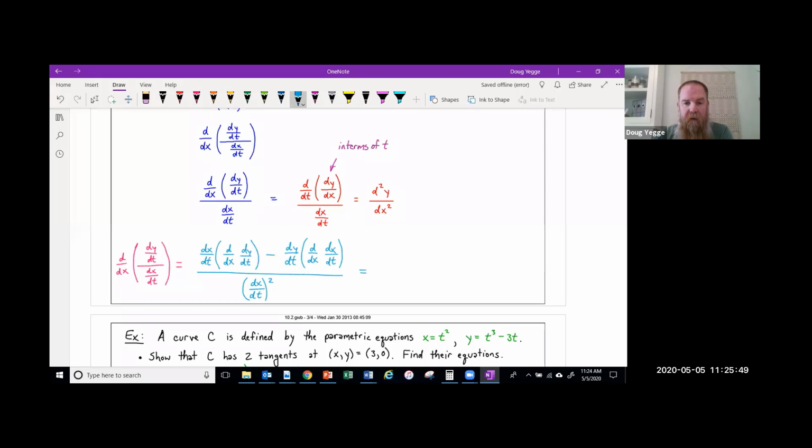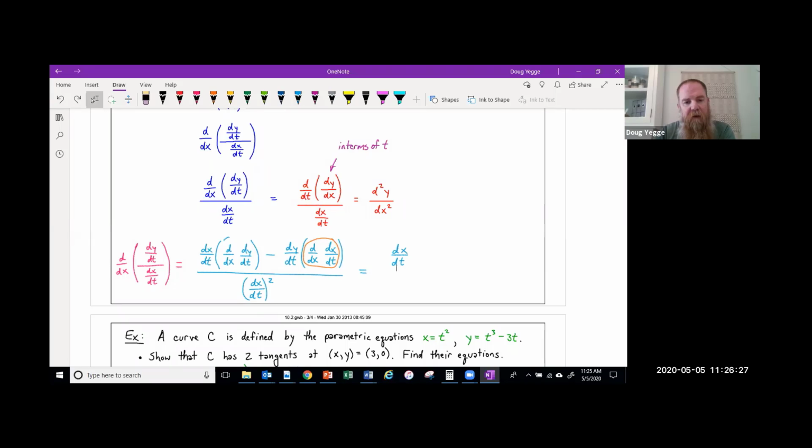If I now say, I'm going to rewrite this piece right here. So first of all, let's write dx/dt. And over here, remember, in a very similar way to where we said d/dx of dy/dt is the same as d/dt of dy/dx, that's going to be beneficial when we look at this piece right down here.